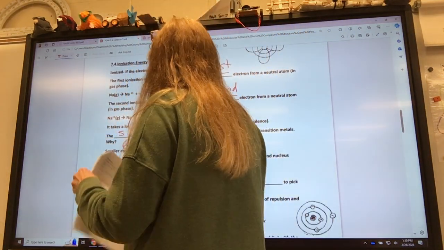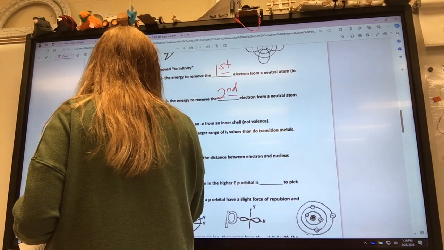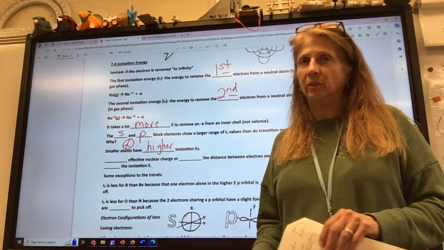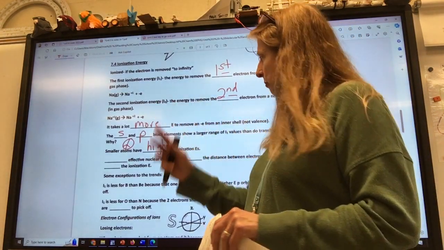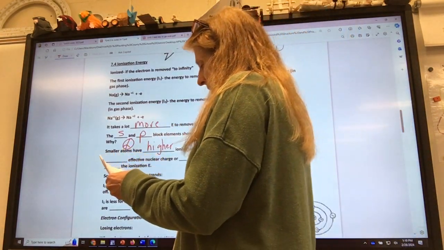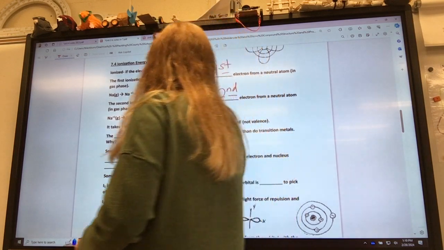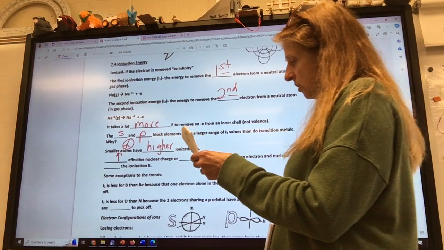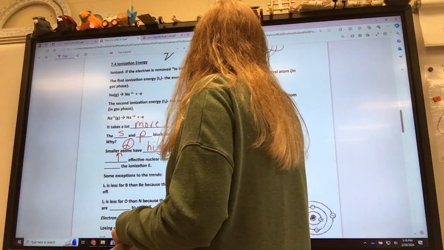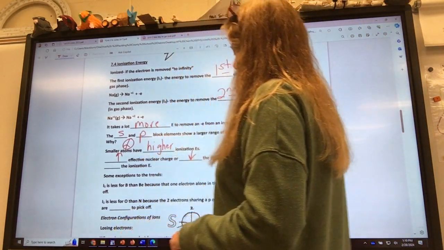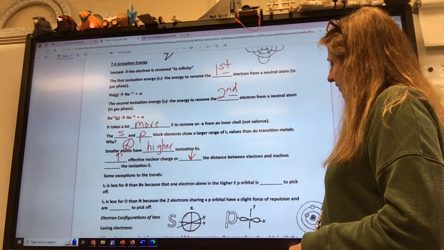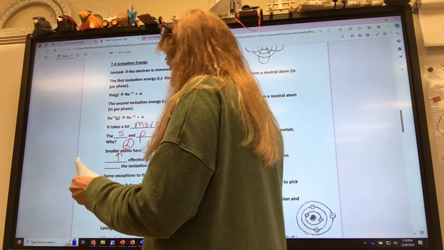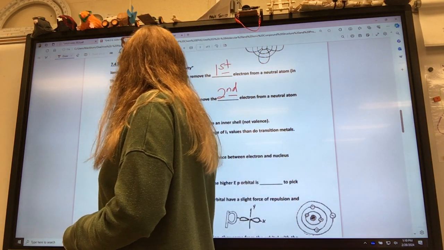So smaller atoms have higher ionization energies, because it's harder to get them from a small one than from a big one. If you increase the effective nuclear charge or decrease the distance between the nucleus and the electron, it increases the ionization energy.